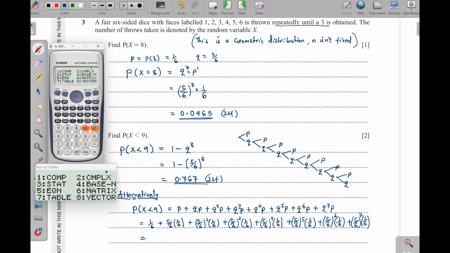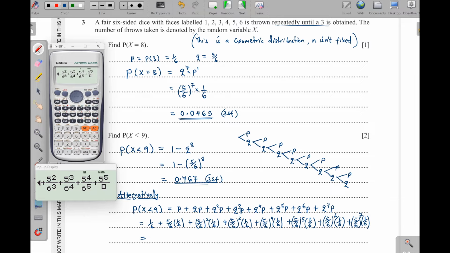Then the next one is going to be 5 power 4. Then we divide by 6 power 5. Okay. Then the next one will be 5 power 5. Then we divide by 6 power.